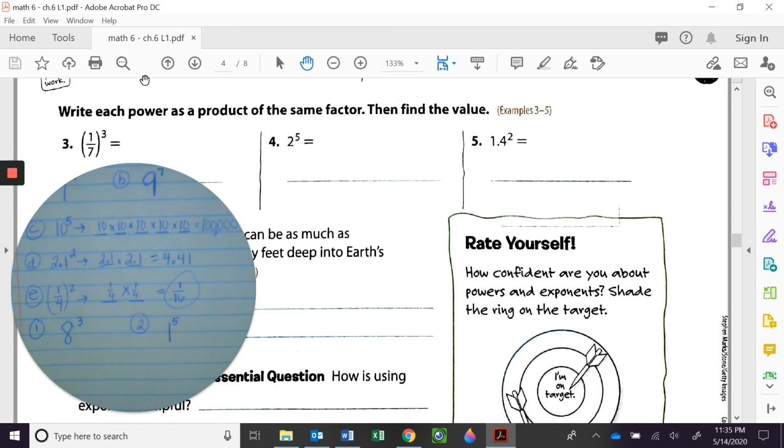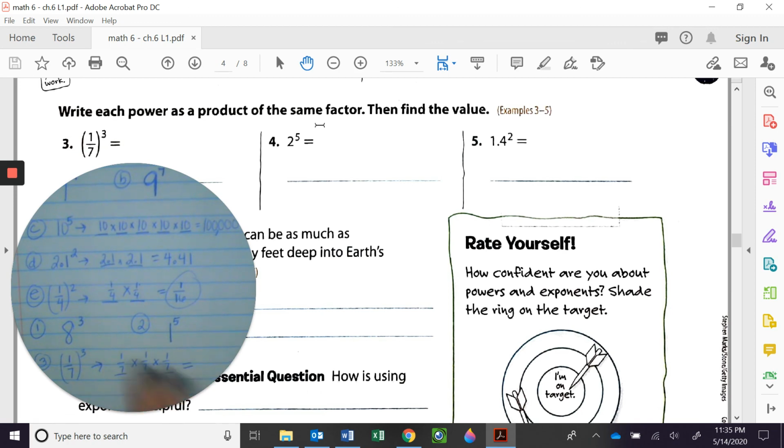Read the next set of directions. Write each as a product and then find the value. So it's asking us to do two different things. Number 3 says 1/7 to the 3rd power. So first we need 3 1/7s. That's the first part of the answer. Then it wants you to find the value.